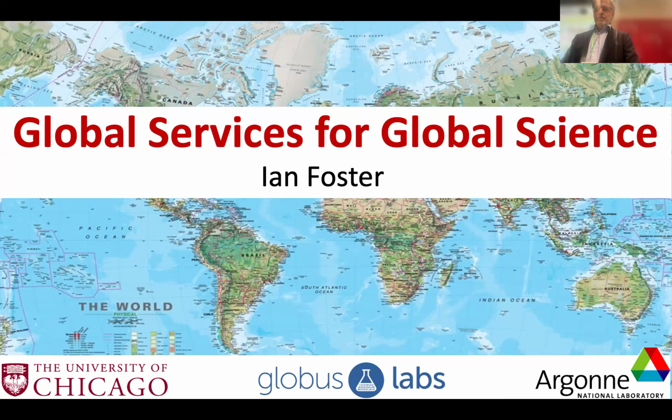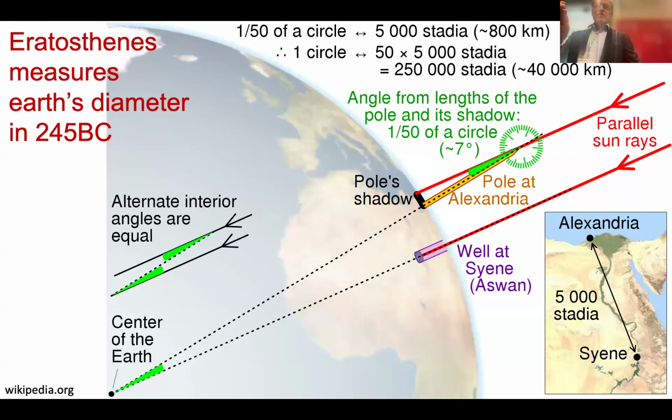I'll start off by going back to 245 BC, where a very smart Greek mathematician, Eratosthenes, succeeded in producing a tremendously, actually for the time, accurate estimate of the diameter of the Earth. And he did that by measuring the same thing in two different places.